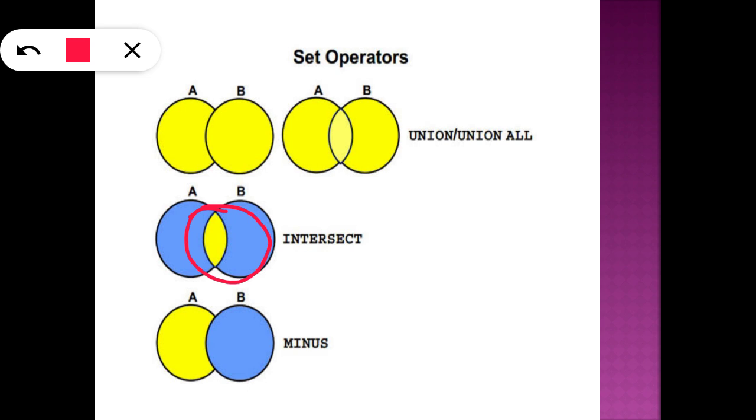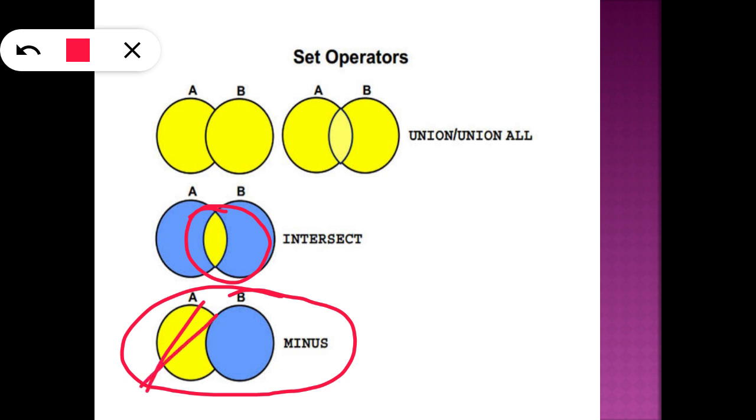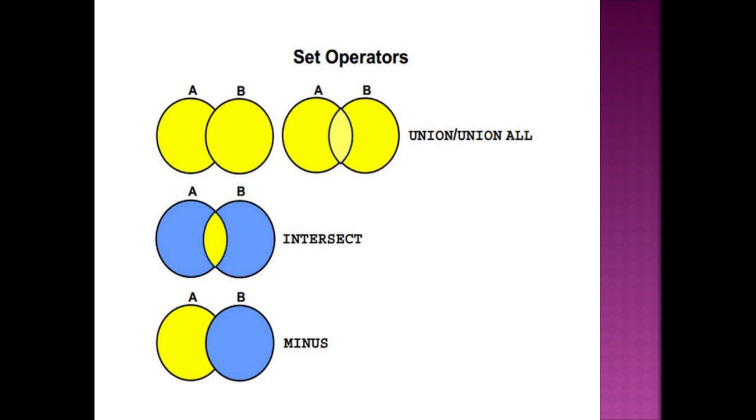If you perform the minus operation A minus B, only the values which are present in A will be displayed, which are not common in both the tables. So I hope all these operations are understood.